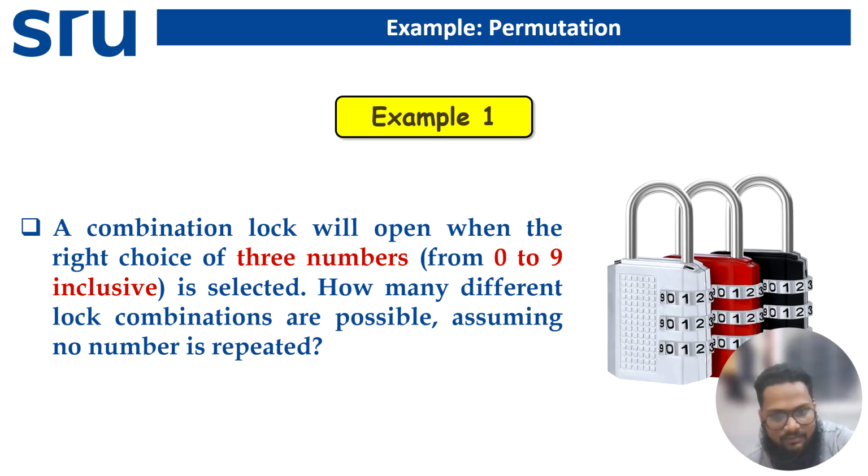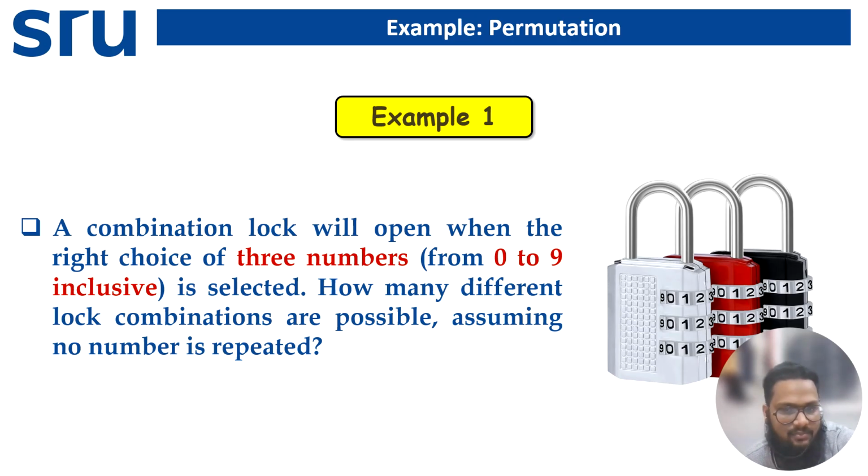You have the single digits 0 to 9, where 0 and 9 are both inclusive. Now the question is, if you set a password to open this lock, how many different combinations are possible? You have to assume that no number is repeated.